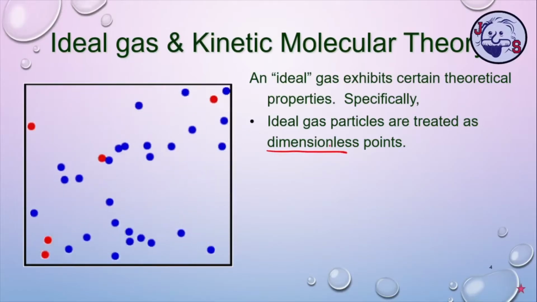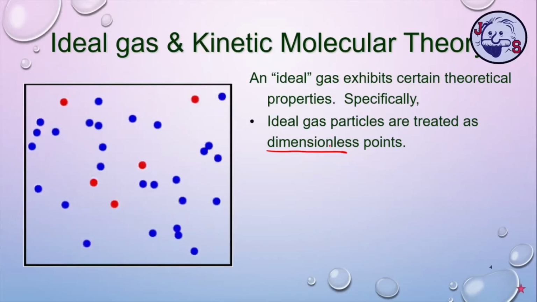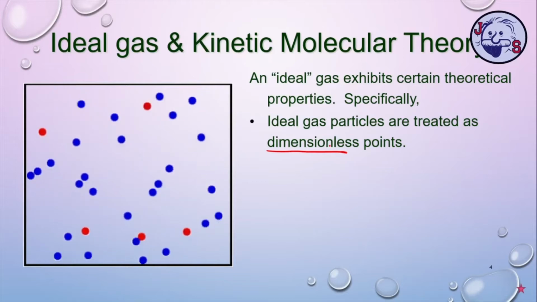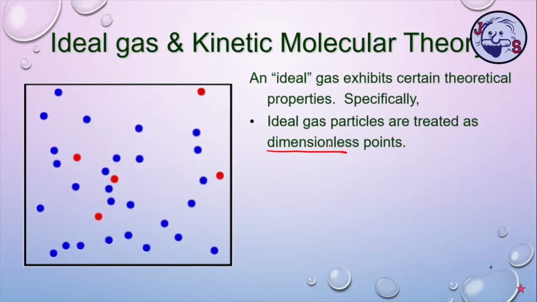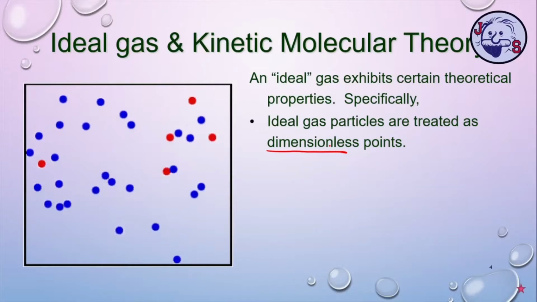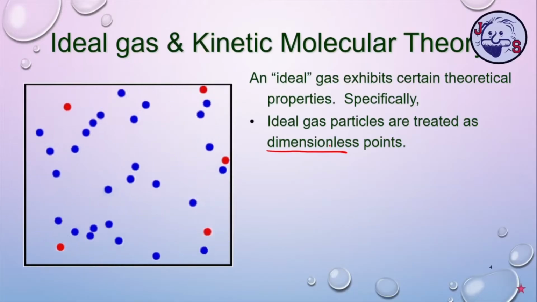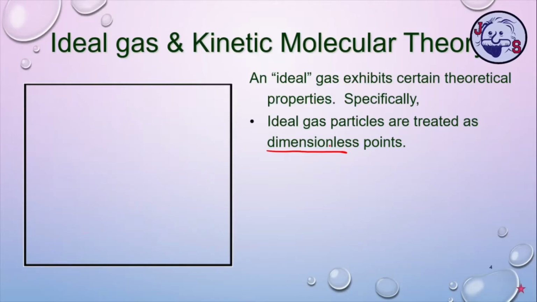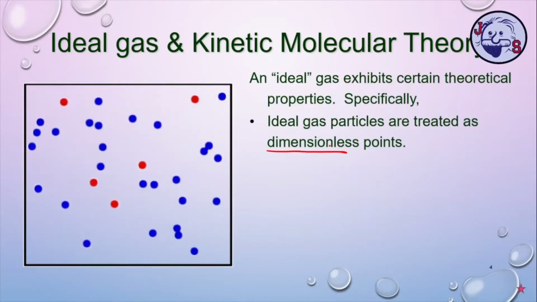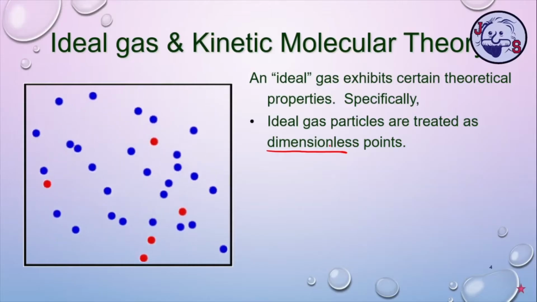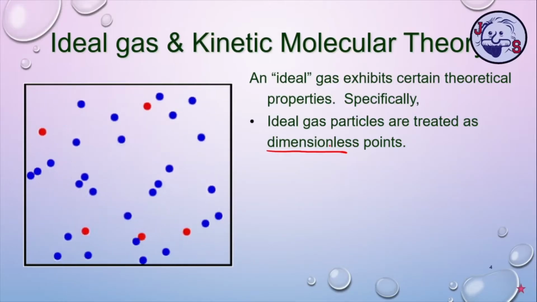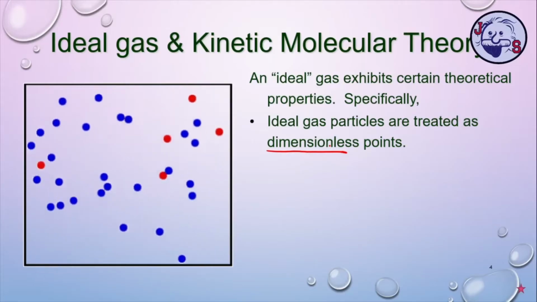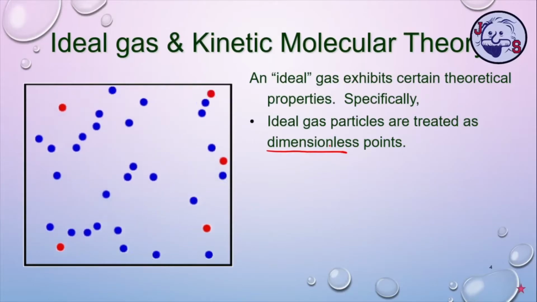Since gases are very small, when you put gas molecules in a container, we tend to assume that they are dimensionless. But in some cases gases have dimension. Although it is very small, under certain conditions we can find out the dimension of these gas molecules. We will try to find it out later.